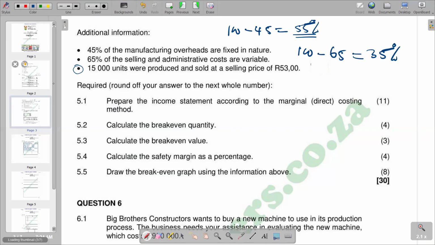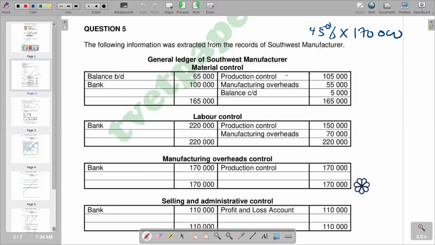So here we are going to say 35%, and then we multiply by 110,000 for selling and administration. And then you get your answer, 38,500.